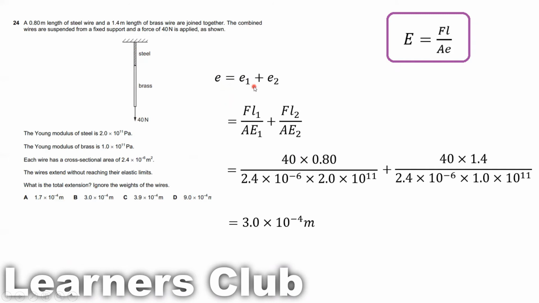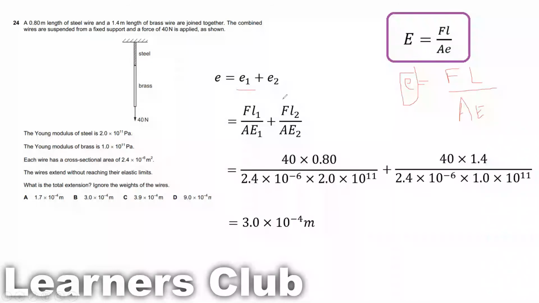I'm taking the extension of steel as E1 and the extension of brass as E2. The sum of both will give you the total extension. Taking E as the subject, extension is equal to force times length over area times Young's modulus.